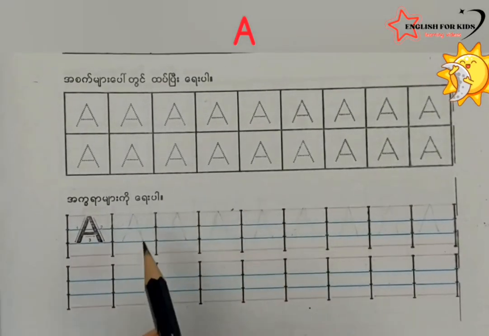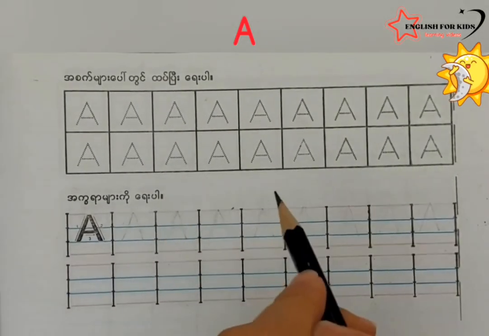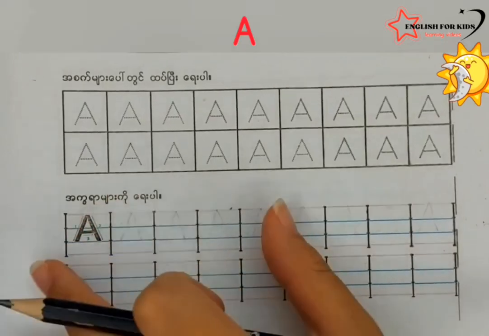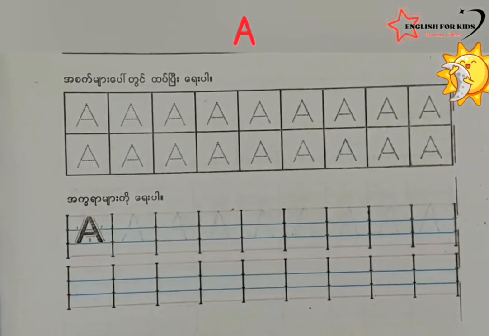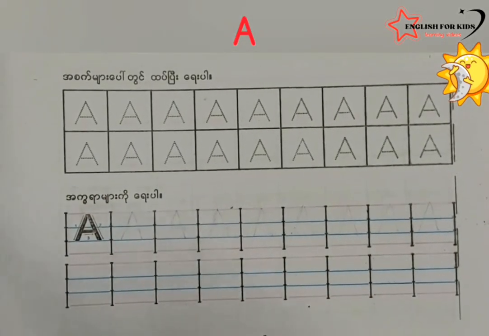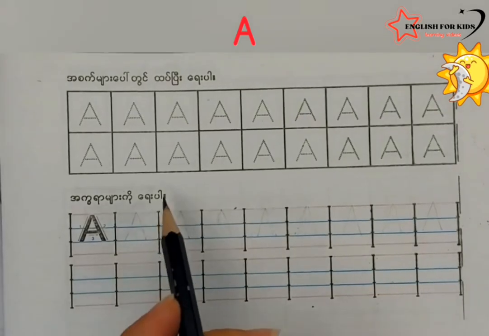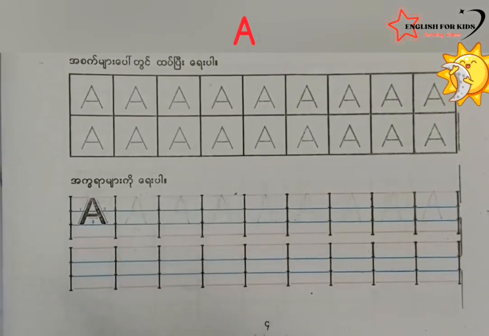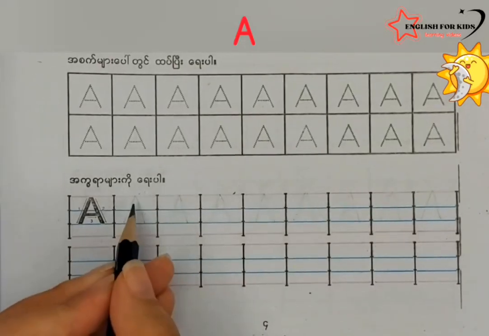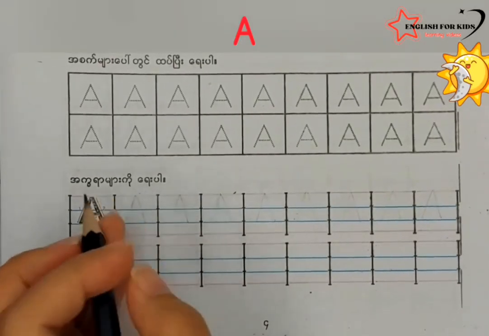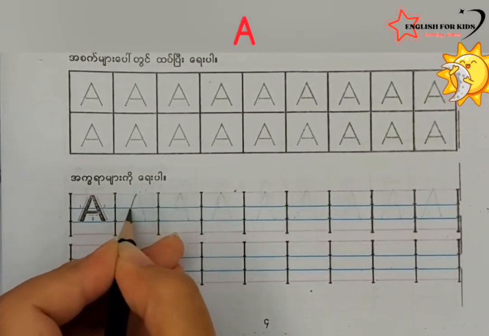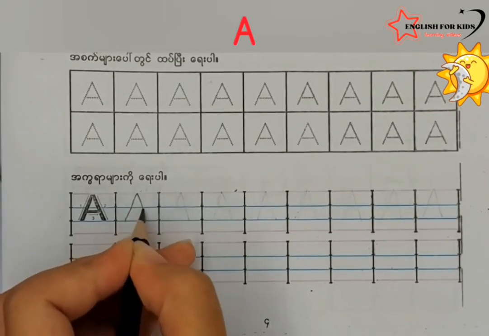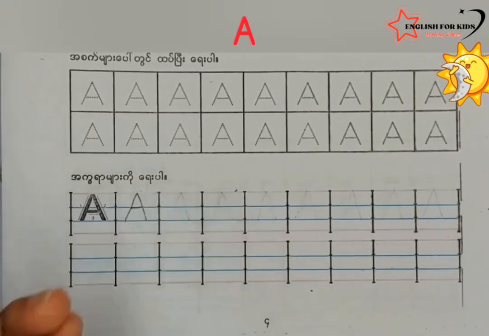Okay, now let's move on to another exercise. Do you see this on page 4? Great. I will be showing you how to write A on this line. Okay? First, I will be showing you how to write A. Down, down, and cross.